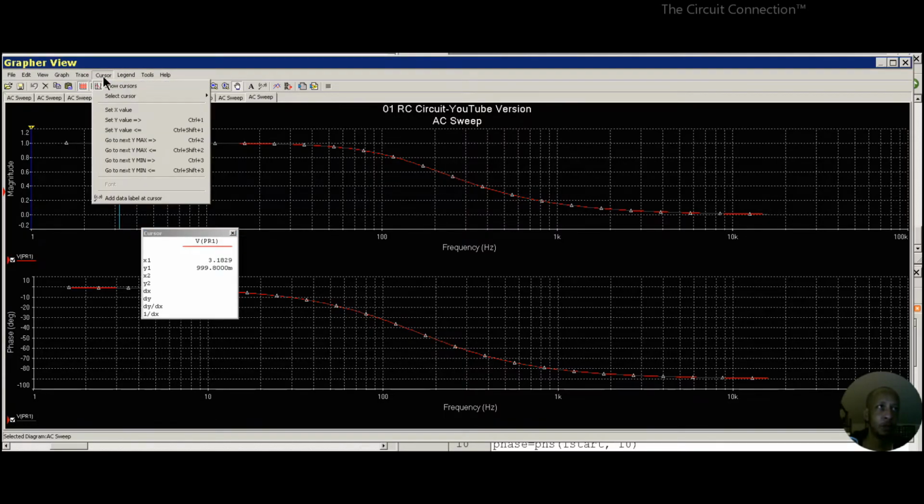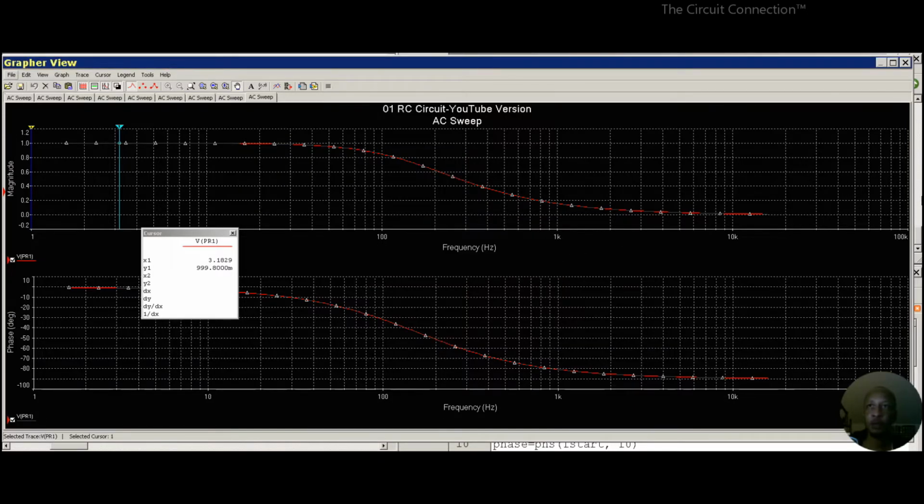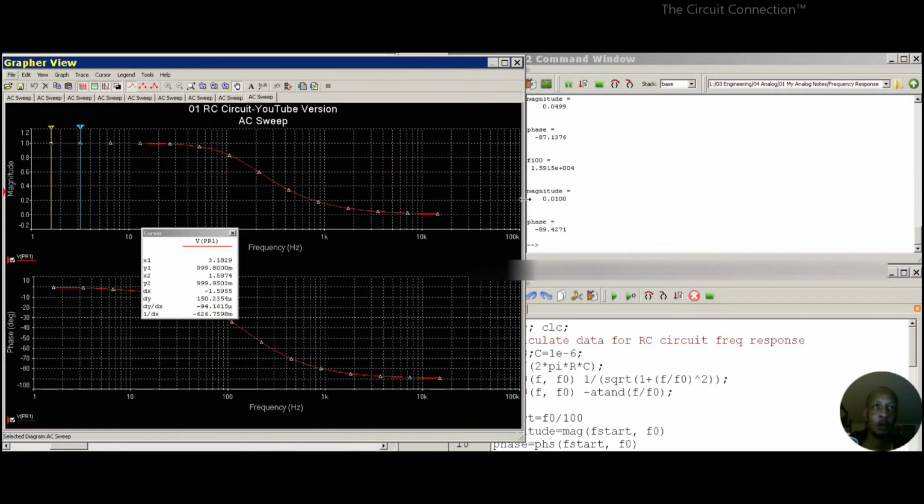So you go to cursor and X value, and so let's see. Let me resize this window so that we can see our results over here for comparison's sake.